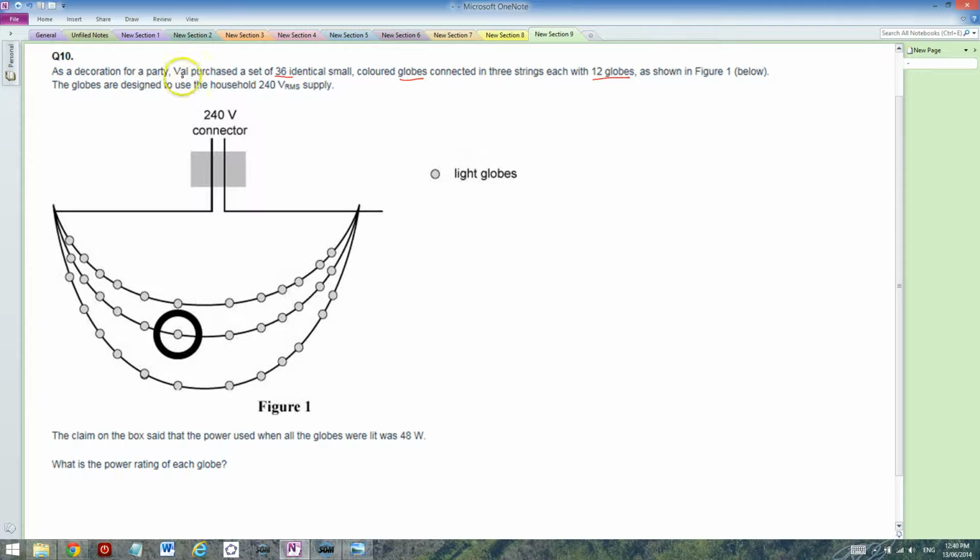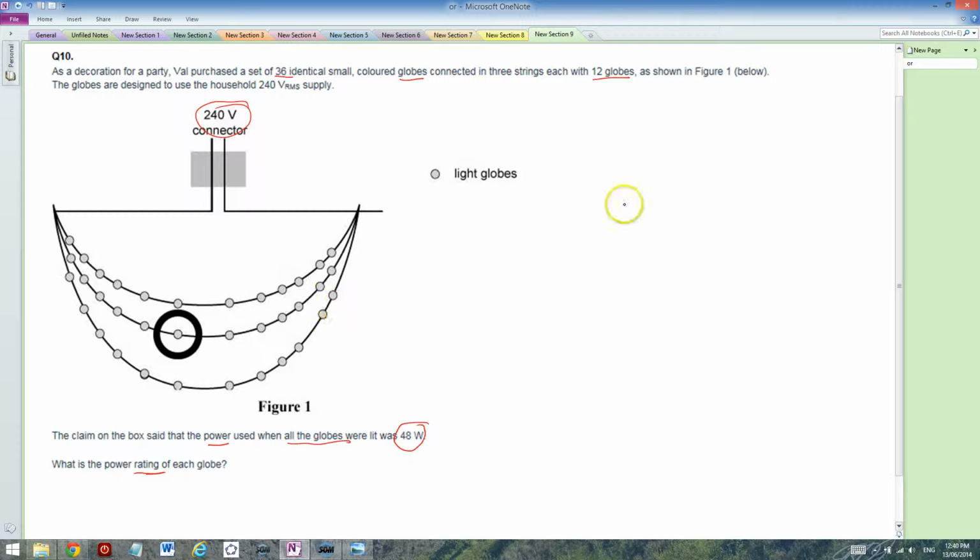Now, the voltage supply is this, and the power of all is 48. So what's the power of each globe?